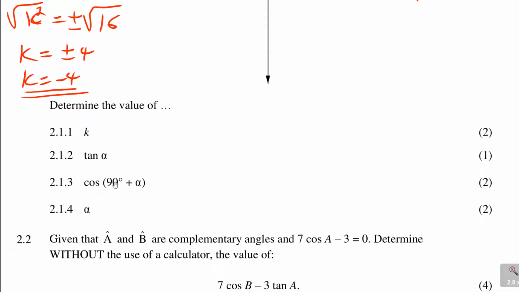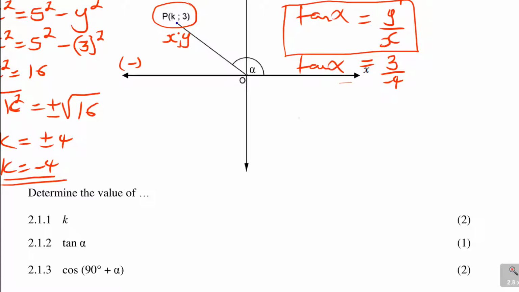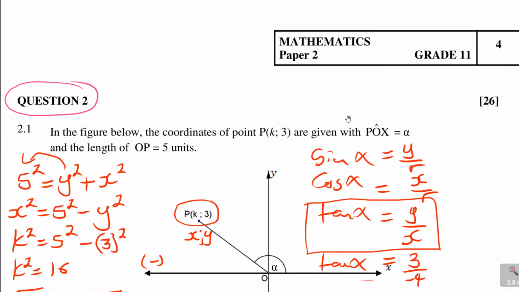And then cos(90 plus alpha). There we go. Cos, this is something else. Cos(90 plus alpha). Oh, by the way, something that I'm doing, as they say, do as you preach. I forgot something.